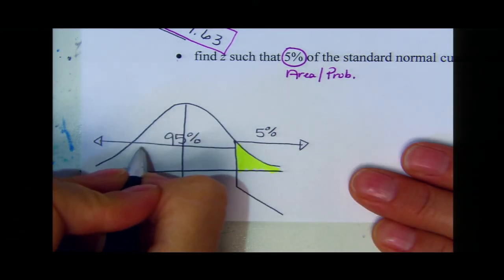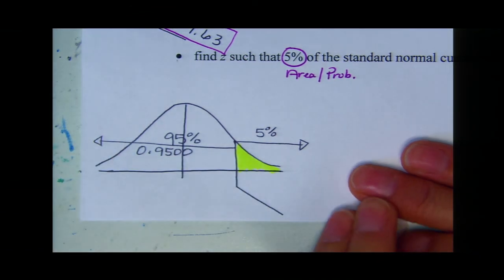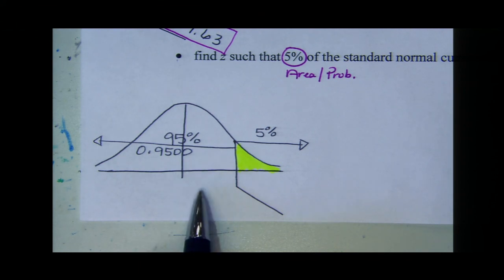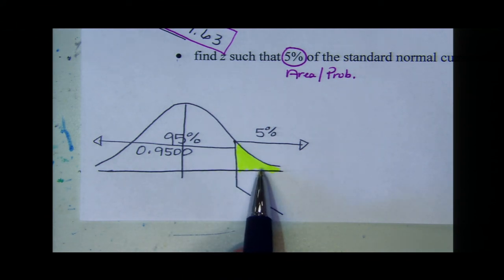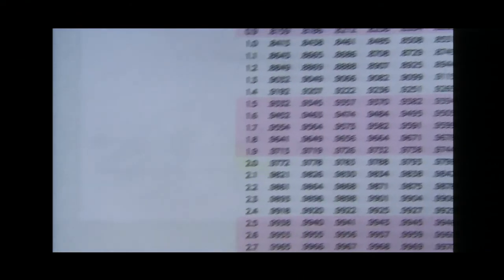So since our table is left-tailed, we're going to be looking for this 0.9500. Also, because we shaded 5% to the right, that forces this z-value to be a positive z-value. All right, so I'm looking for 0.95.